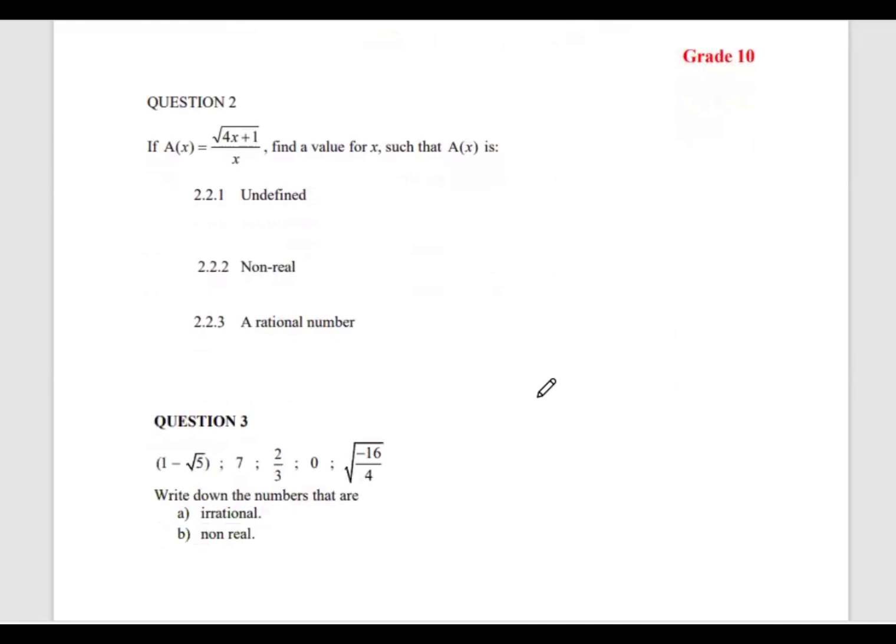If a of x, now this is a function of x, is equal to the square root of 4x plus 1 over x, find the value of x such that this function is undefined. Okay, now we know that for something to be undefined, the denominator must be equated to 0.